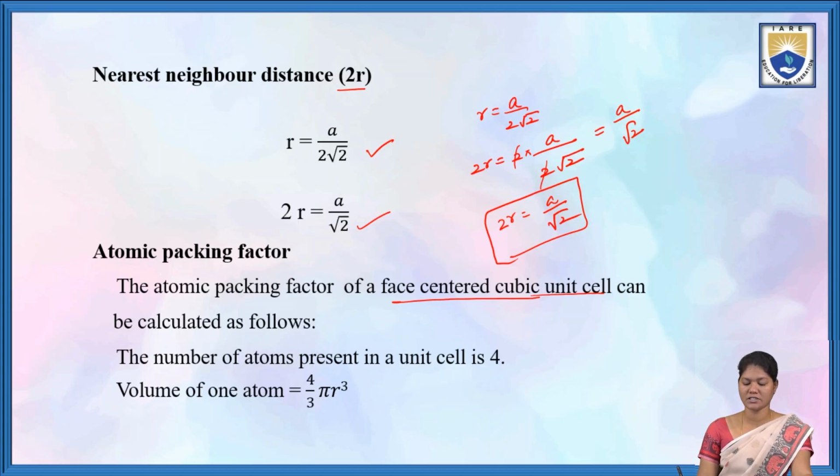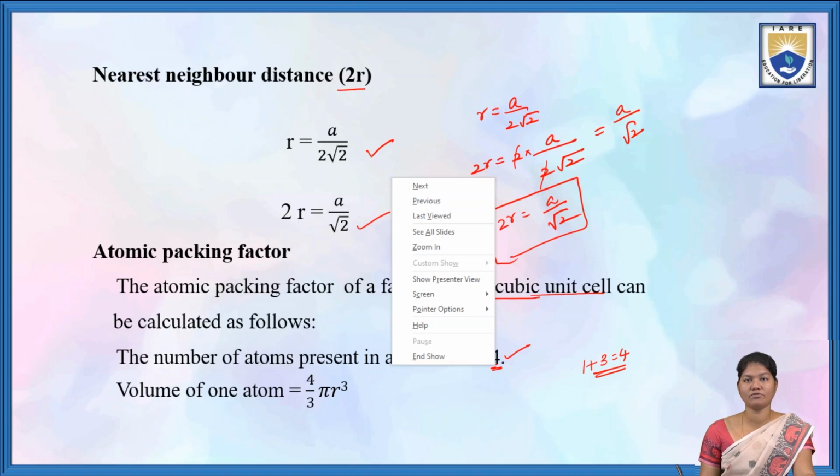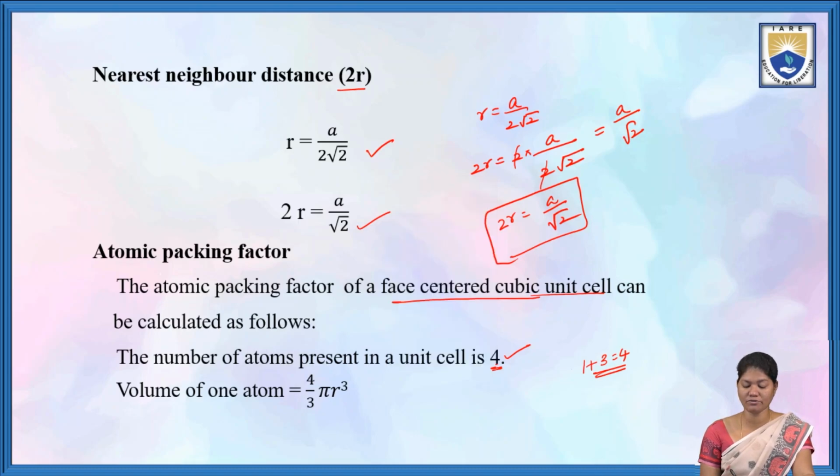So we are considering the number of atoms present in the unit cell. Already we have calculated that. That is 4. This 4 includes corner atoms plus face centered atoms, so totally 1 plus 3 is equal to 4. So the number of atoms present in the face centered unit cell is 4, and the volume of one atom is 4 by 3 pi r cube.